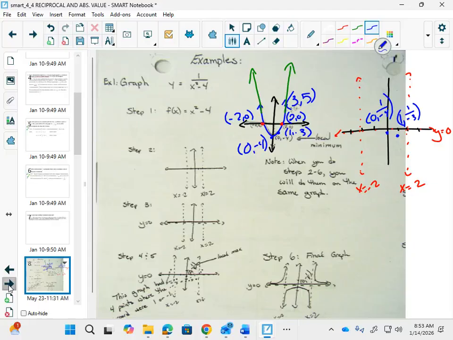What's going to happen to 3, 5? It's going to change to 3, 1 over 5. Oh, I have nothing in this section. So I'm going to find a point here, -3, 5. So now I have -3, 1 over 5. And if you have a point in every section, you can draw your graph towards your asymptotes.